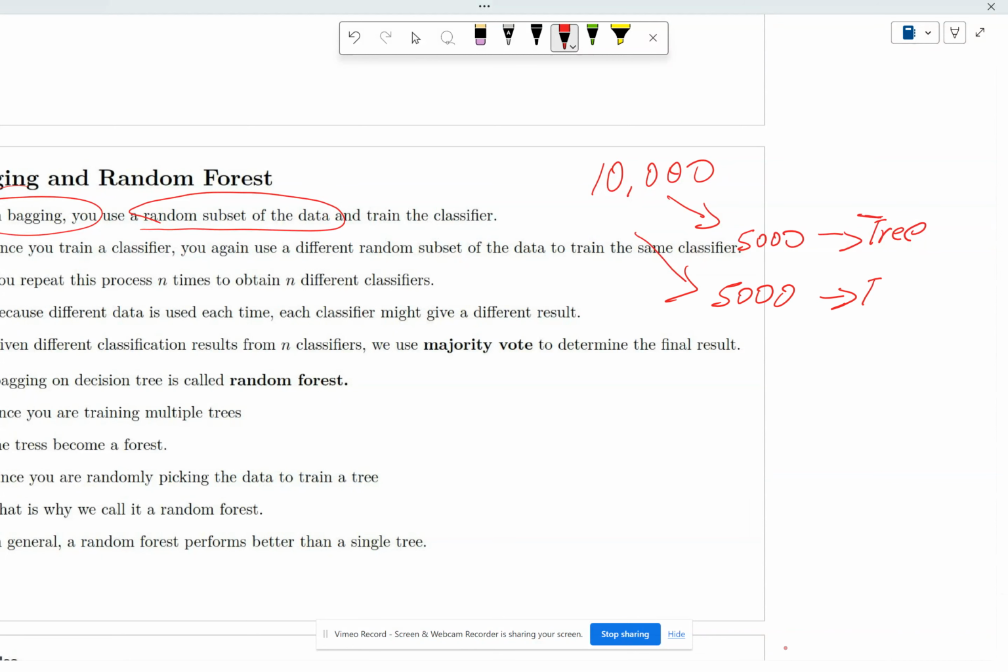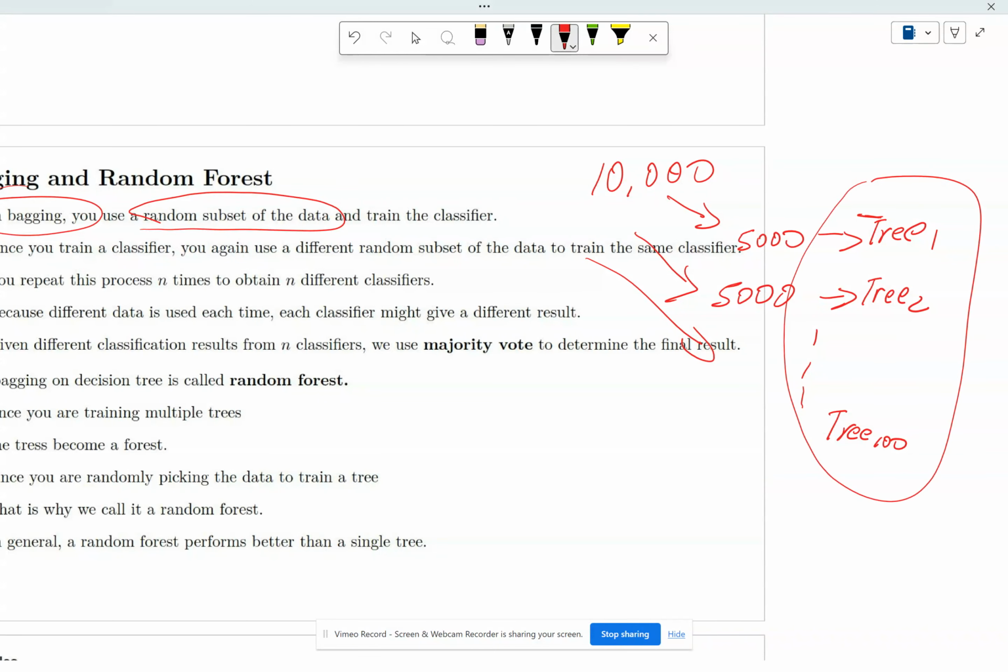You train another tree. We're going to call this tree 2, tree 1. So you can imagine you can have all the way to tree 100. You have 100 trees. Each one of them uses different data to train it. And therefore, each one of the trees is slightly different, right?